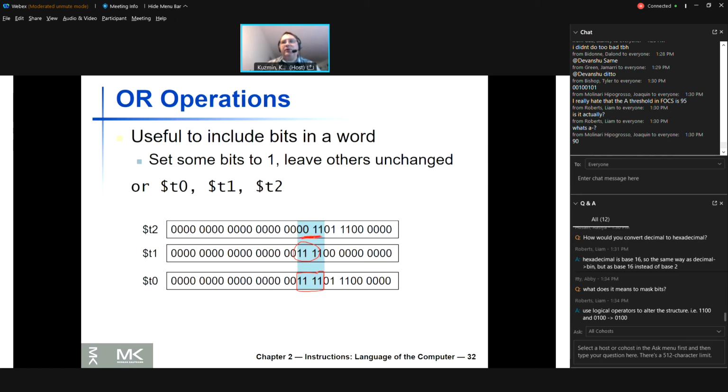So we ignore what was here, and the net result is that we set those bits to 1, and where our mask had zeros, like here and here, those bits are intact. That's why we see that those bits just came here, and those bits, of course, are not changed.